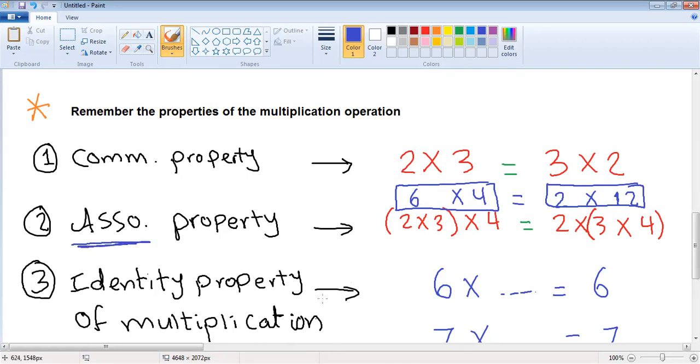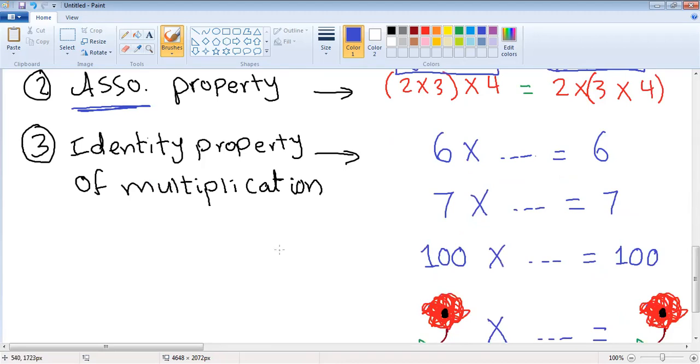The last property here, the identity property of multiplication. What is the number that if we multiply it by 6, the answer stays 6? Try to remember the multiplication table. 6 times 1 is equal to 6. Yeah, great. 7 times what number is going to be 7?